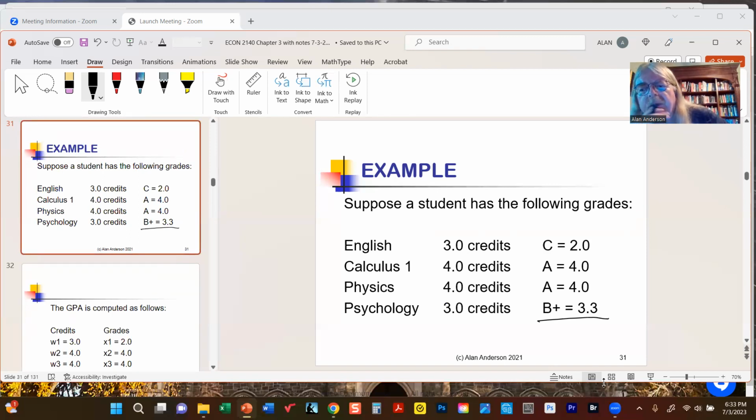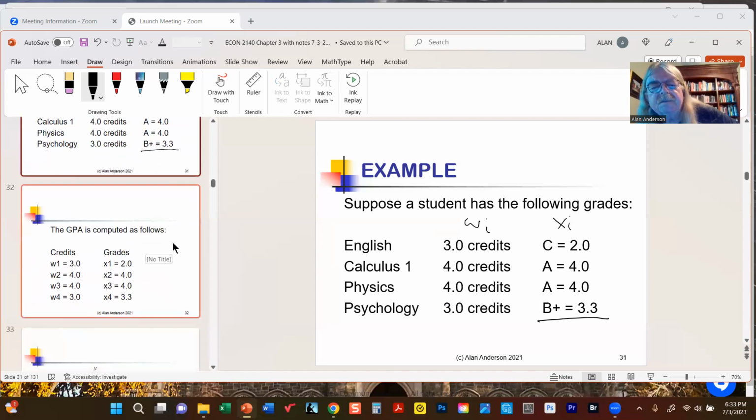But how do we do that? There's no frequencies here, by the way. These are not frequencies. These are weights that are attached by the school to represent how much time you've spent in the classroom. So how do they do this? Well, here's what they're going to do. These are the X's and these are the weights. We're going to calculate the weighted average for these classes.